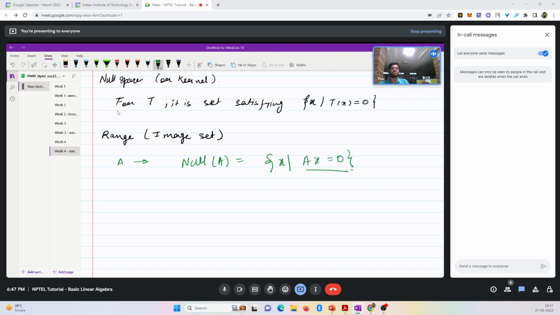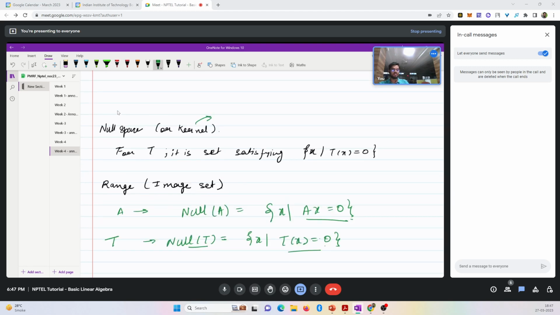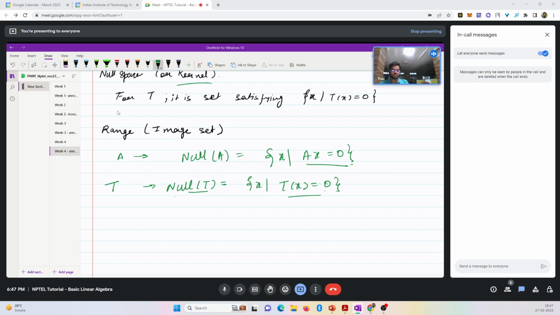Now for a linear transformation T, your null space of T is the set of all vectors x such that T of x is 0. So all vectors which are getting mapped to 0 belong to the null space of T. Null space is also called the kernel of a linear transformation. These are two different names for the same thing. And the dimension of your null space is called the nullity.